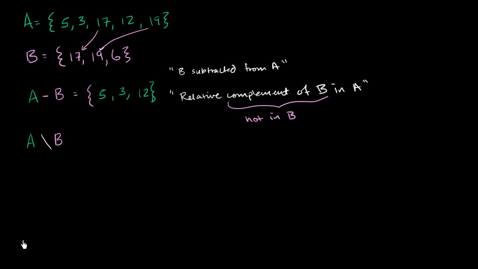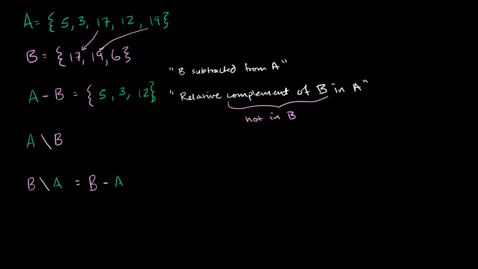Now, with that out of the way, let's think about things the other way around. What would B slash A be, or what would be B minus A, which we could also write as B minus A?